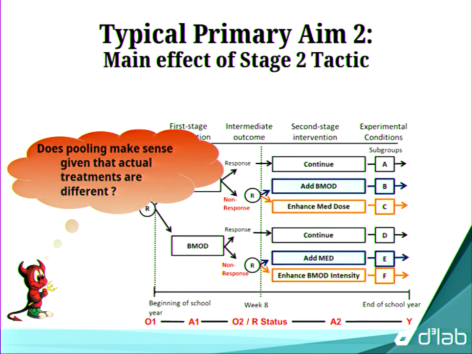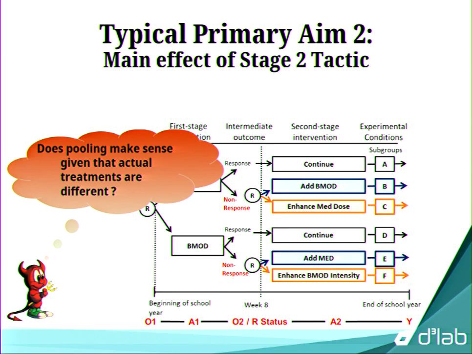Okay, the devil's here again, but he has the same question, right? Again, why am I pulling outcome information from these two cells and from these two cells if they received, in fact, in practice, different treatments? We do this because it makes sense scientifically. It makes sense scientifically to think about cells B and E as representing the same tactic, and it makes sense to think about cells C and F as representing the same tactic, intensify.